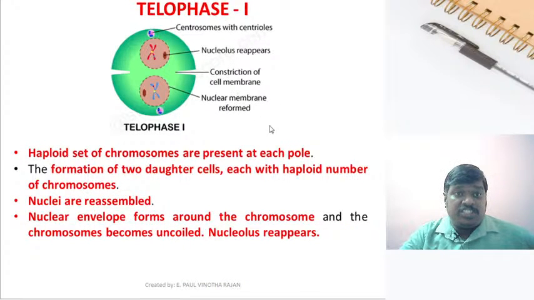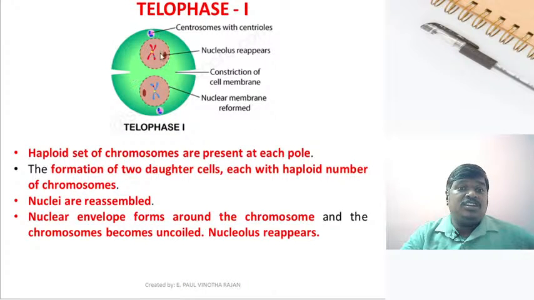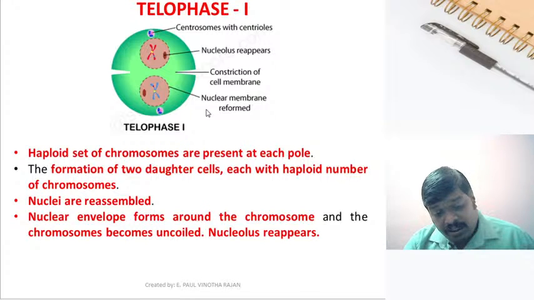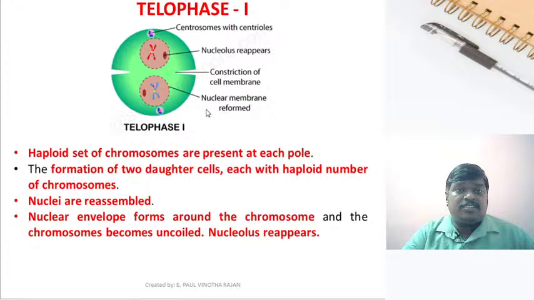Next is the telophase stage. In the telophase stage, what will happen? The same as telophase in mitosis, understand that. They will move towards the poles and all the structures will reappear. What will reappear? Nucleolus reappears, nuclear membrane reappears, and the cell organelles reappear.